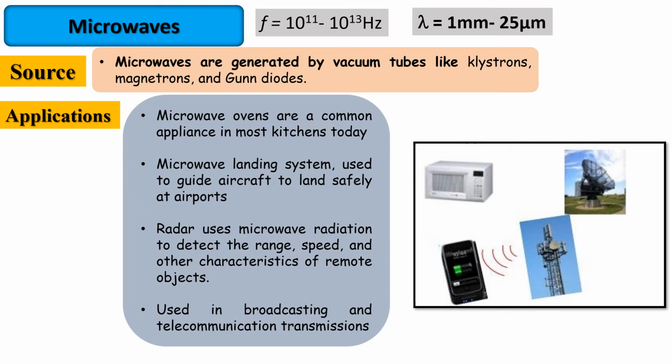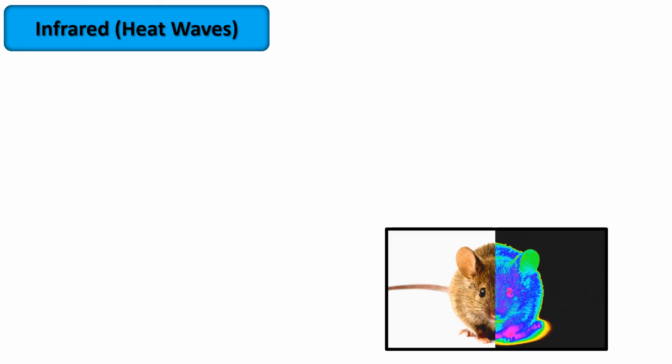Then it is used by aircraft to land safely. Then it is used in radars so as to detect the range, the speed and other characteristics of remote objects. Especially the police also use this for monitoring the speed of the vehicle. Then in wireless, walkie-talkie, for communication, broadcasting, we use microwaves.